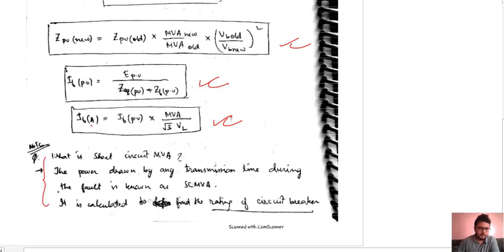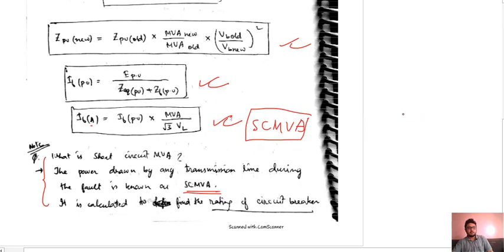Now every time we are discussing SC MVA, short circuit MVA. What is the definition of that? The power drawn by any transmission line during the fault is known as short circuit MVA. If there is any fault in the transmission line, still it will draw some power. That power is known as short circuit MVA. It is calculated to find the rating of the circuit breaker.